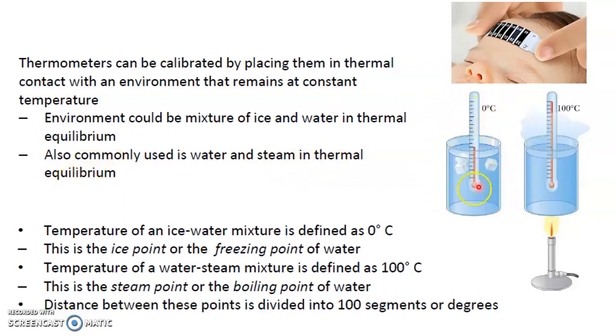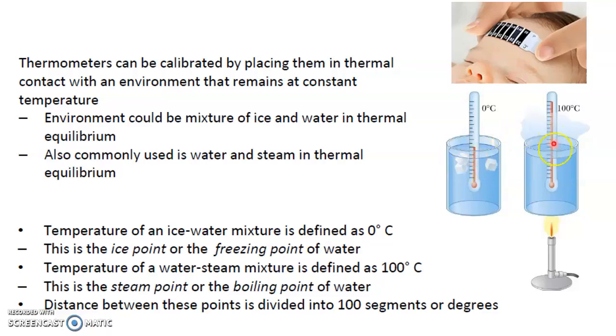Referring to this diagram, we have an uncalibrated mercury thermometer, which is placed initially in this ice-water mixture. The ice-water mixture will have a temperature of 0 degrees Celsius. So we can put a scale on the cylindrical part of our thermometer.